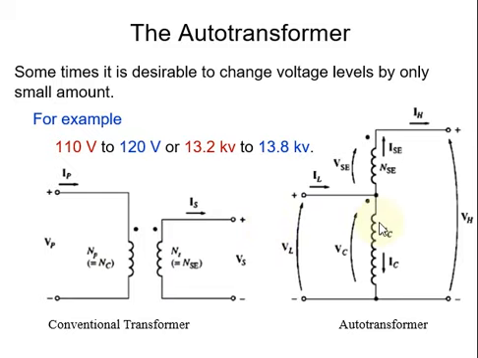But in the autotransformer we have a single winding in which we take out a connection and connect it with the low voltage or high voltage according to our needs: to low voltage here in the case where we are going for a step up transformer, or if we are having a step down transformer, then again this would be connected with low voltage, but this would be on the output side. So we will discuss this in detail in the next few slides.